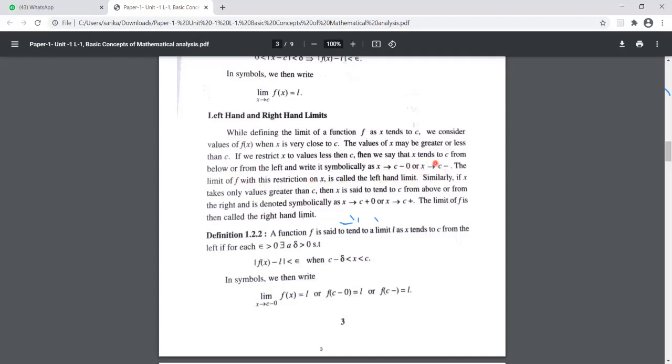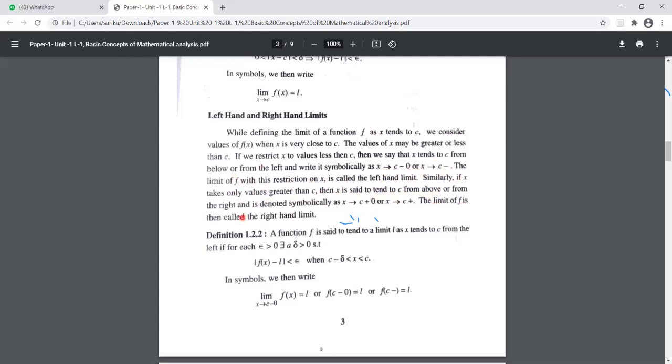Left hand limit means of course it will go to the left side, so we'll subtract. Remember like this. Similarly, if x takes only values greater than c, then x is said to tend to c from above or from the right side, increasing, plus. So symbolically we write it as x tends to c plus 0 or x tends to c plus.